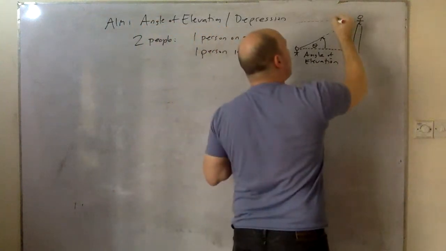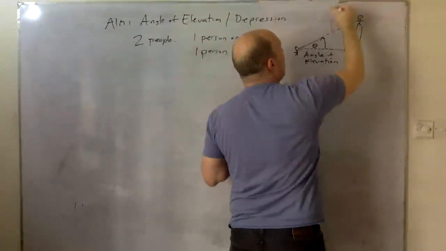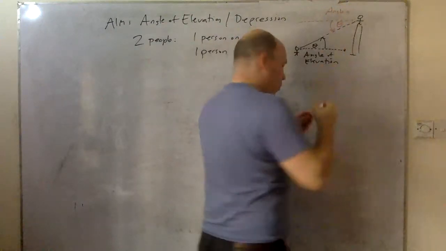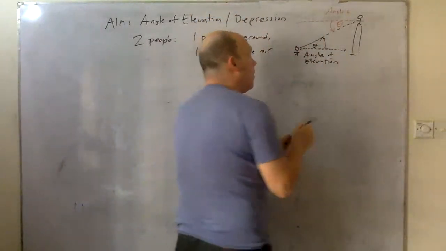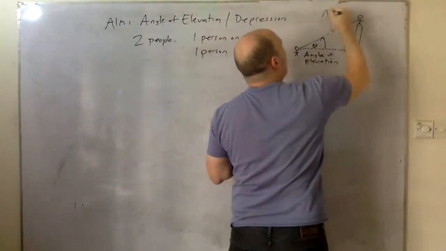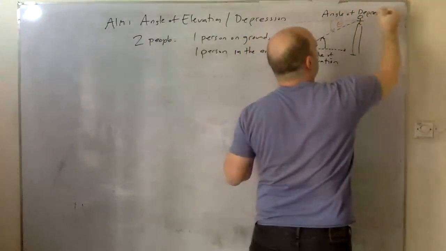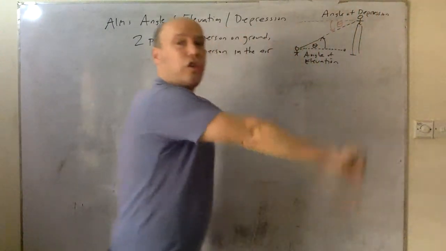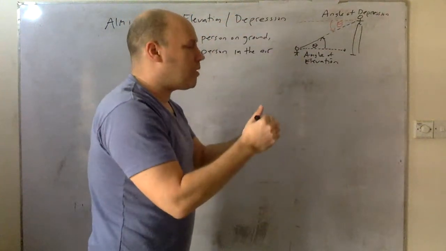And so the person looks down, and that is the angle. You know what? Red doesn't show up well on this. Let me do it in black. Sorry. This is the angle of depression. So elevation is looking up. Depression is looking down.